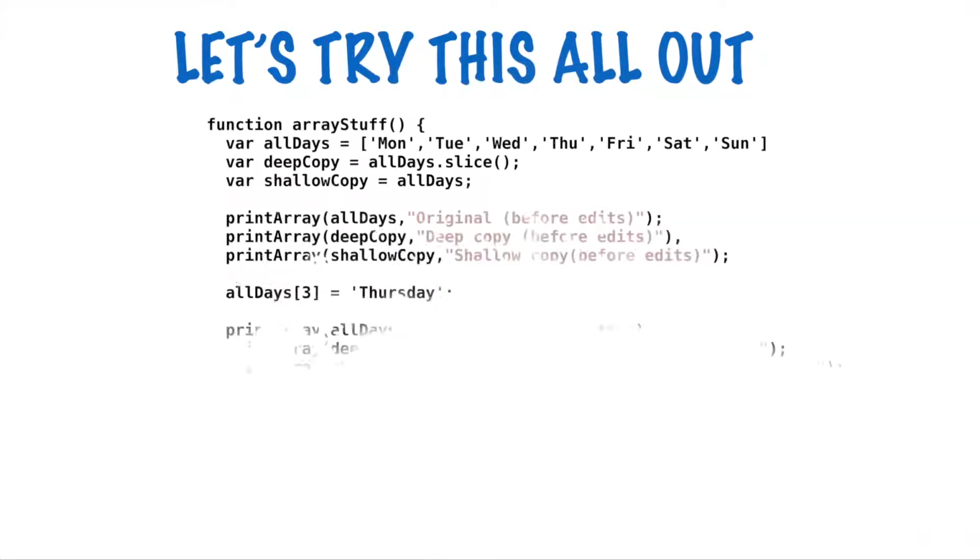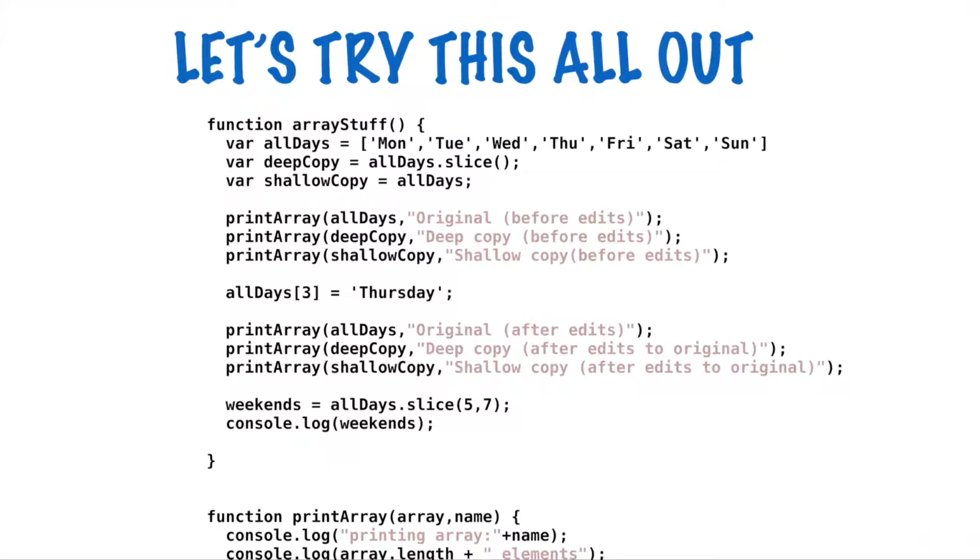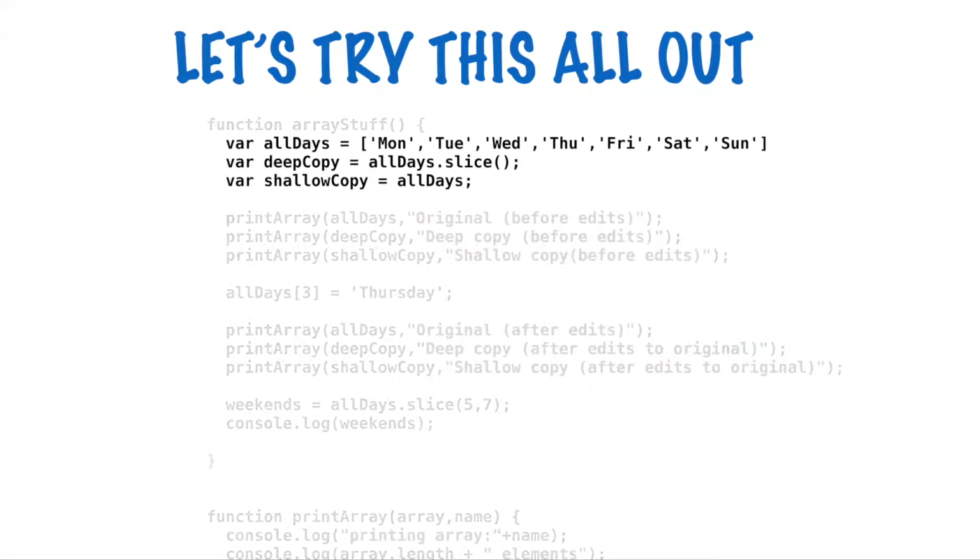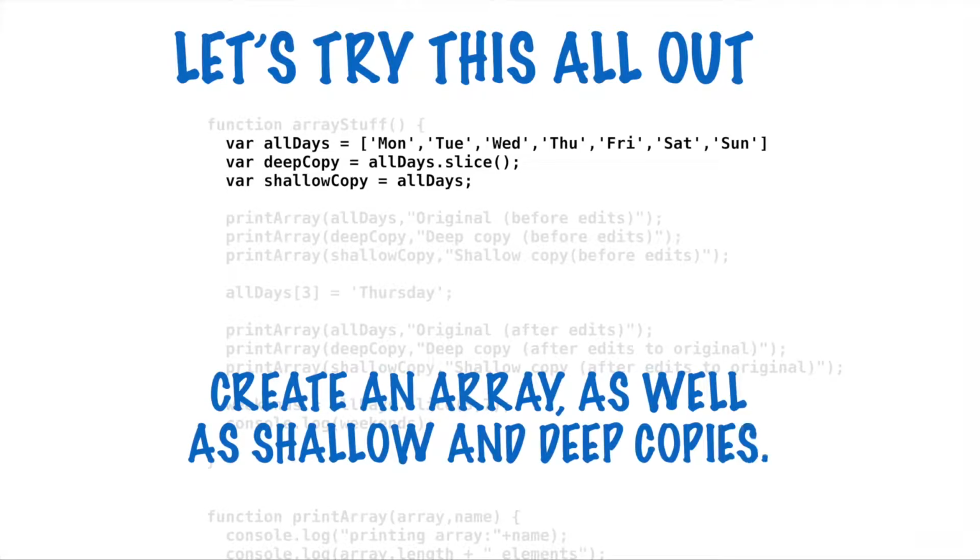It's now time to put it all together and see this in action. Here is the code for example 10 that you see on screen right in front of you. Take a bit of time, look at what it does and see if you can figure it out. As usual, we'll be walking through it step by step. The very first thing that you do is set up an array and make a deep copy and shallow copy of this array. So we've created an array, the allDays array.